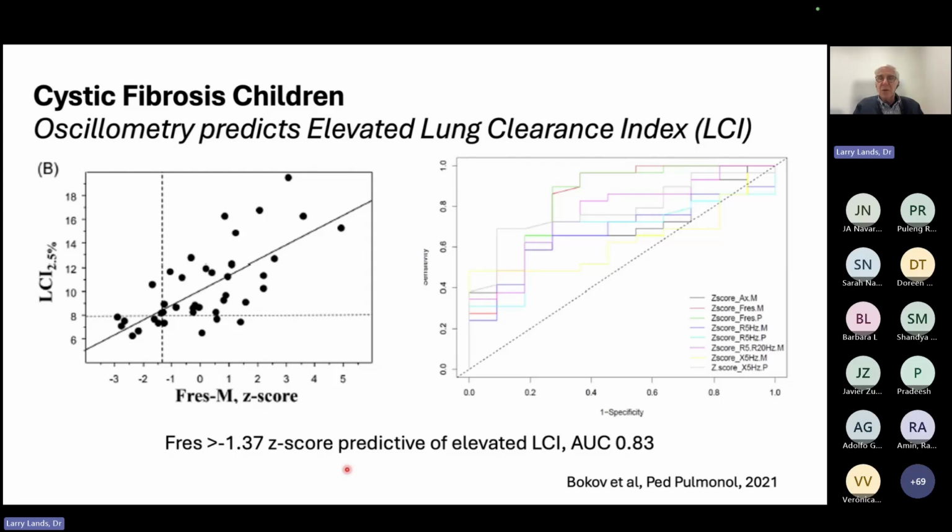It takes about an hour and needs very specialized equipment. Basically it's a nitrogen washout: you're looking at how long it takes to clear out nitrogen after the patient has breathed 100% oxygen. So it's time consuming, needs quite expensive equipment, and requires very well trained technicians.